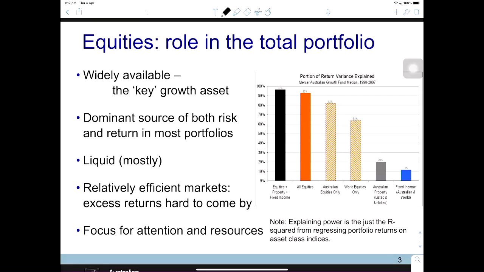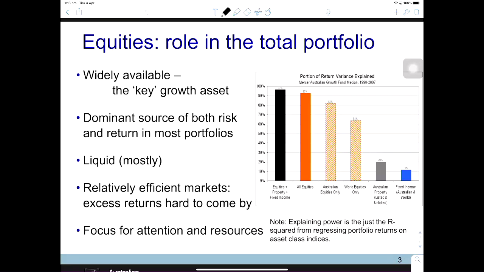Regarding the contribution of the equity into the total portfolio risk and return, we understand equity is one of the major choices of growth assets. In addition to equity, we may have choices of other growth assets like property, hedge funds, private equity funds, but equity, which we mean the listed companies you can easily access or buy and sell, is the major contribution to your total portfolio risk and return.